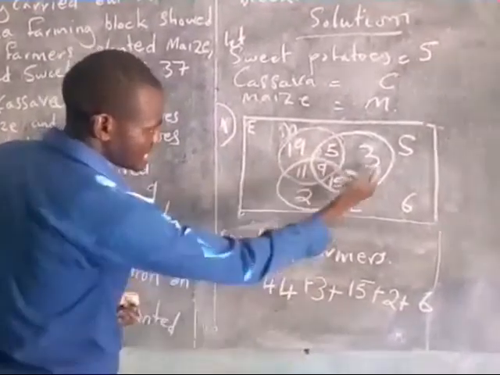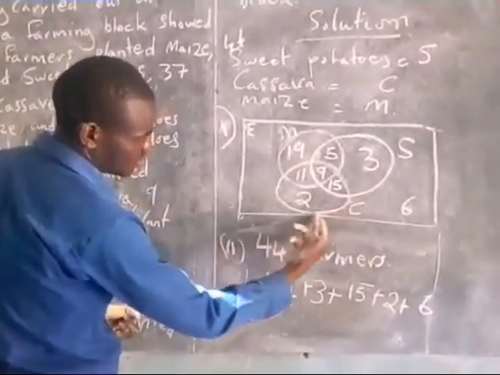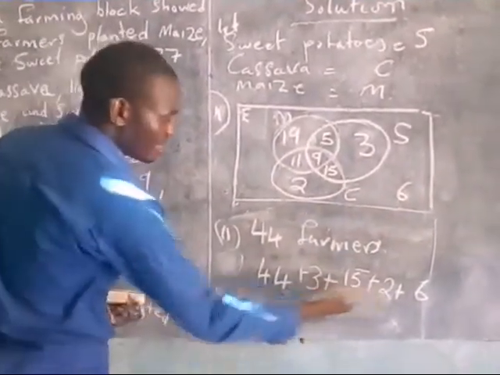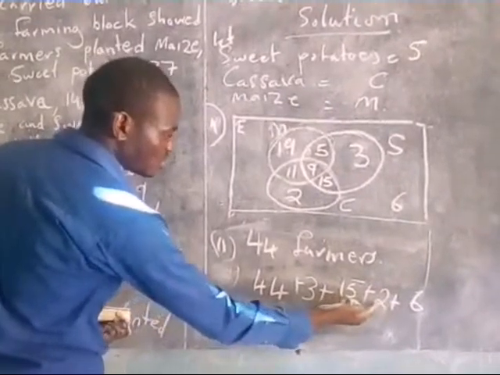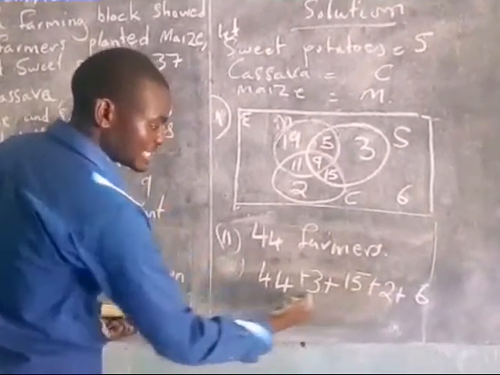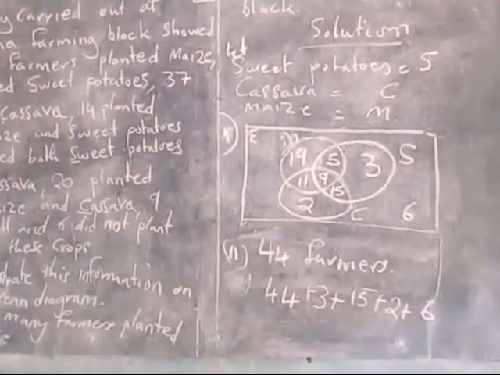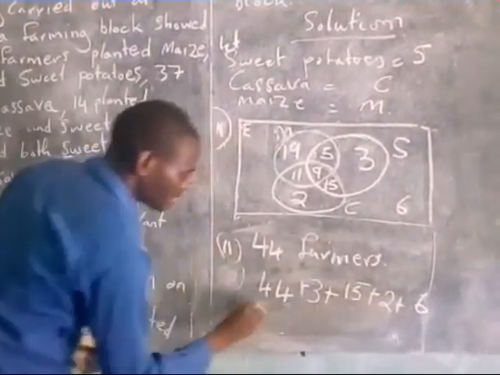Then plus 3 plus 15 plus 2 plus 6. So we have 3 plus 15 plus 2, which gives us 20. 20 plus 6 is 26.